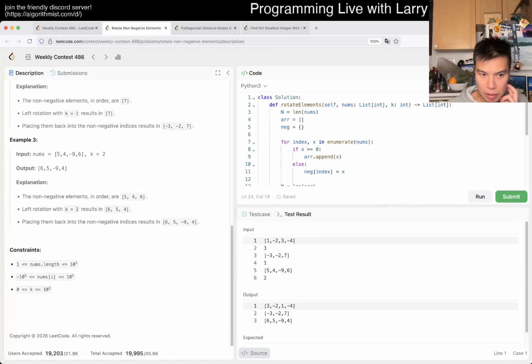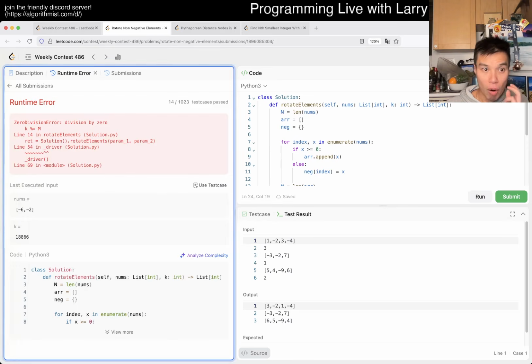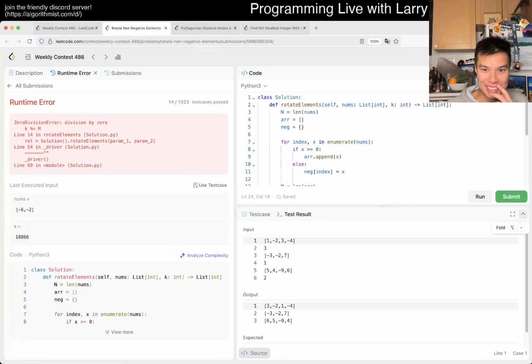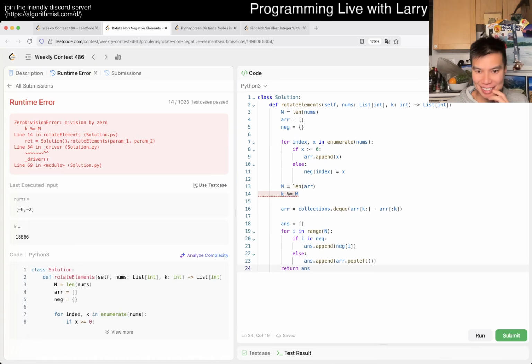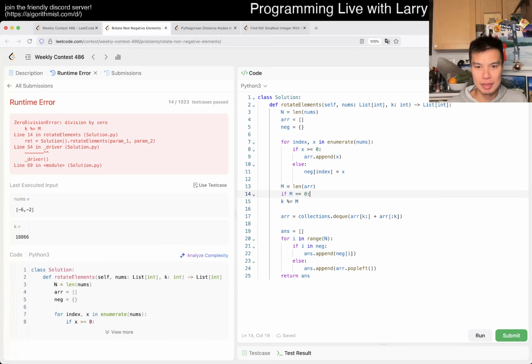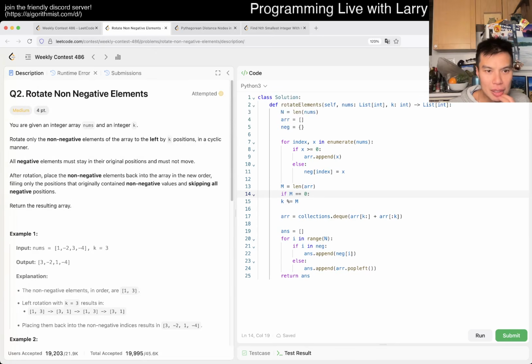Negative numbers, okay. Maybe 0. 0 should be fine. Oh, Larry! What did they tell you? What happens today? I thought that maybe I misread it then.